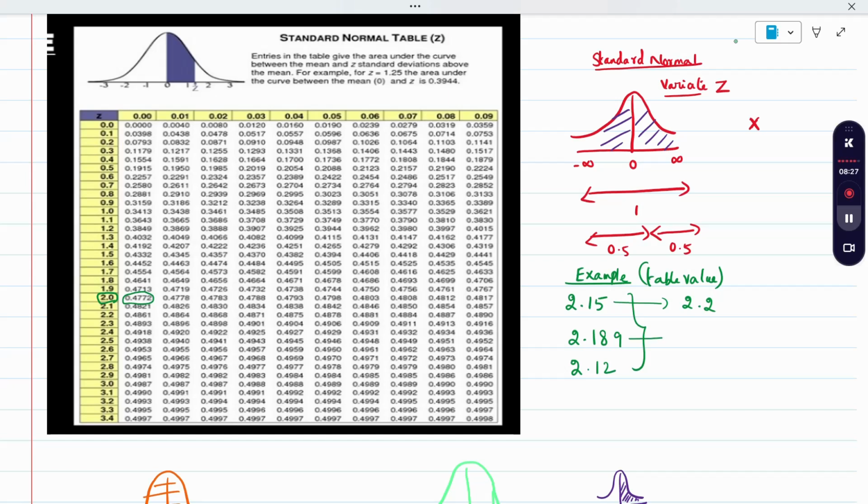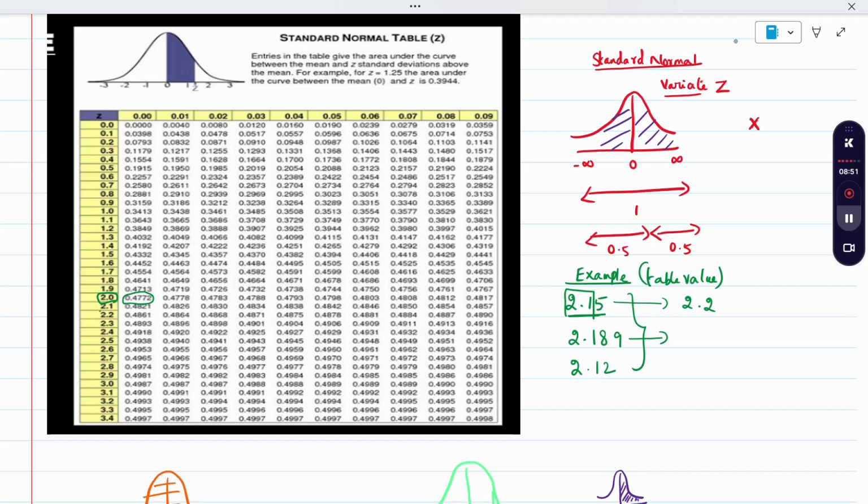For example, 2.18, how we have to see the table value? Or you can see 2.2. Or for example, it is 2.1, at 5, it is 1.5 only.